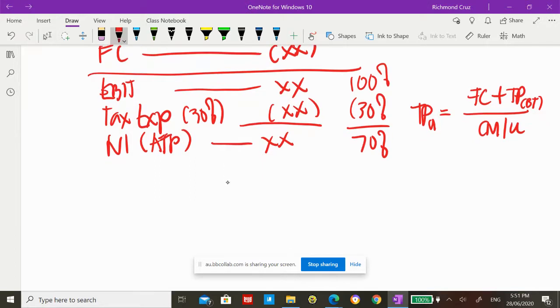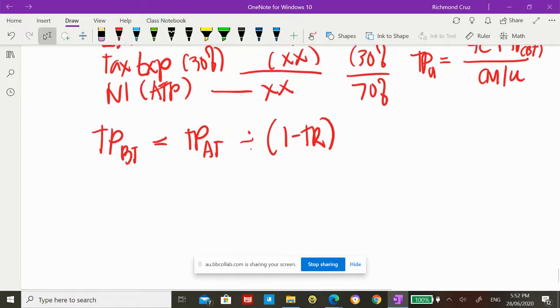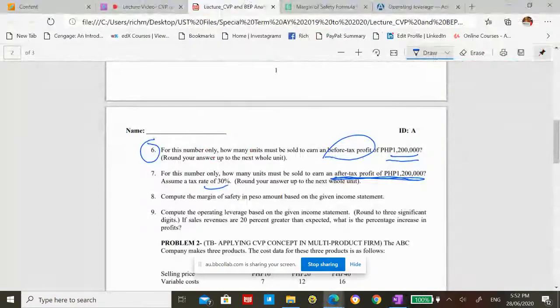The target profit after tax equals the target profit before tax times 1 minus the tax rate. So we are looking for the target profit before tax, and to get it, we divide the target profit after tax by 1 minus the tax rate.